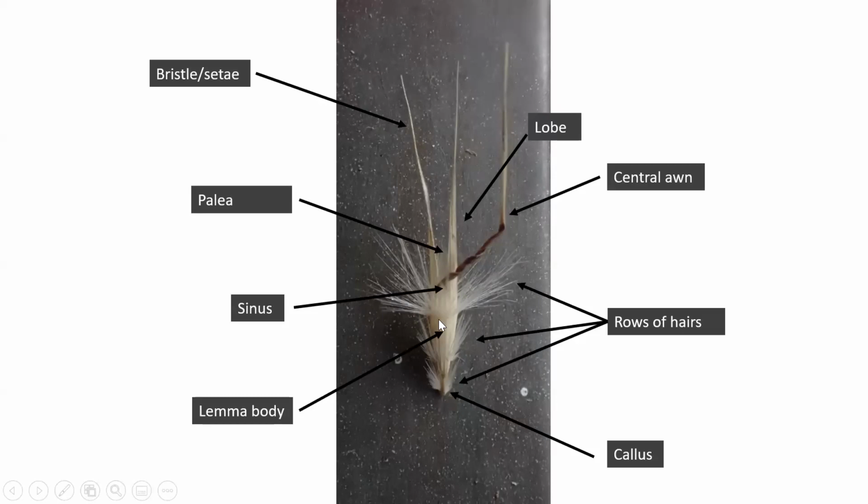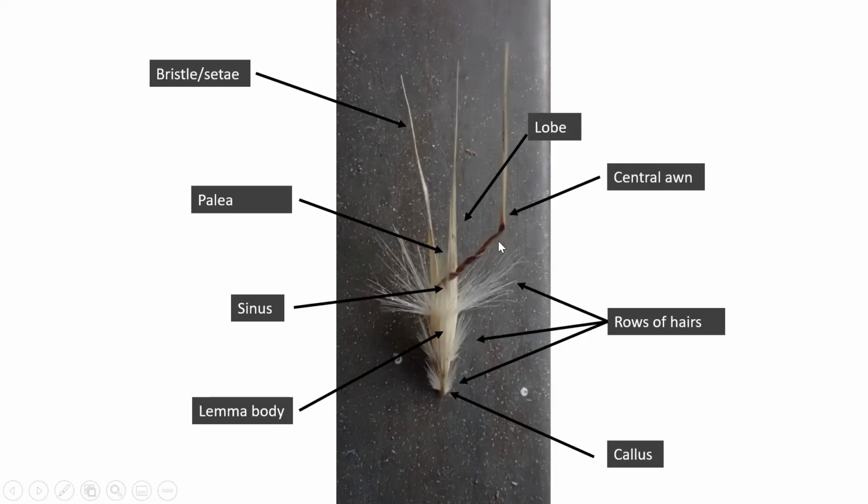So you've got your lemma body, which is the tip to where the awn starts to curl. Then you've got your lemma lobes, which are all of these bits, but the very thin bit of the lemma lobe where it contracts and becomes very thin, that's called the bristle.